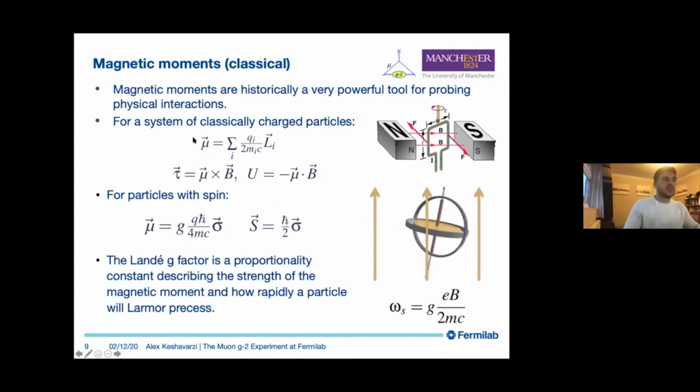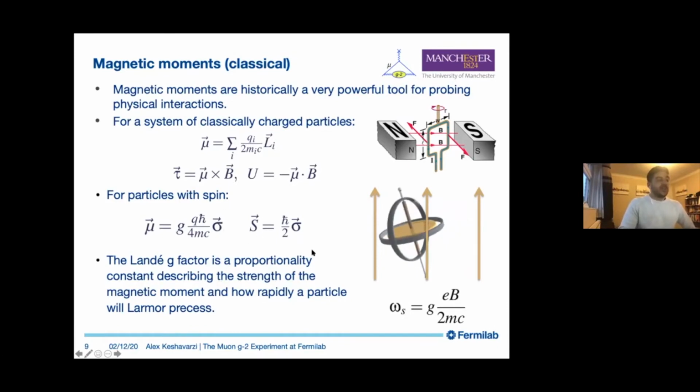In the classical description, the magnetic moment mu is dependent upon the charge, the mass of the particle, and its angular momentum inside a magnetic field. And the magnetic torque can be given by the cross product of the magnetic moment and the magnetic field that you applied. And then you can also get the magnetic potential as the dot product of that magnetic moment with the magnetic field vector.